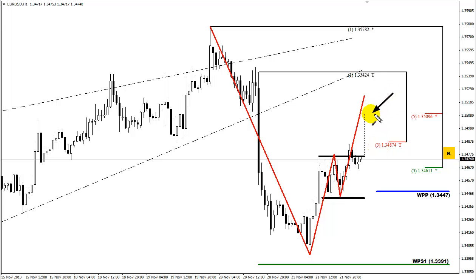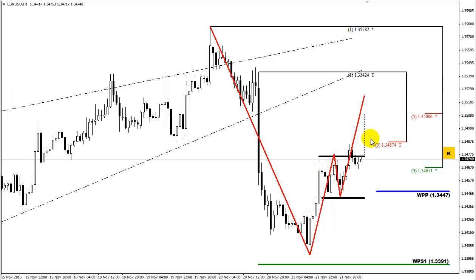So this is this dotted line here, and note that this target point is very near to the target point of this ABCD to the upside, and at the same time it's at the same level of the 618 resistance from this roll down move here.